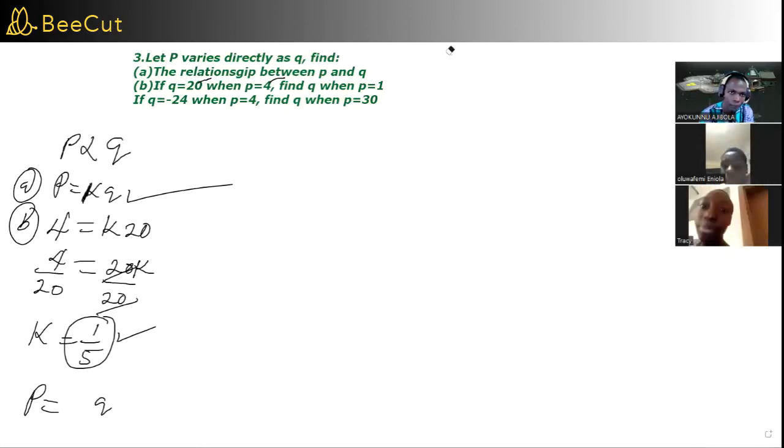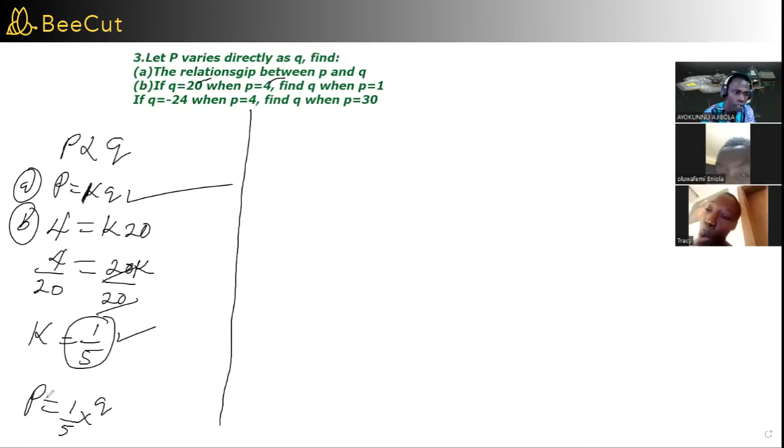Now what I have here is, I want to put P equals not Q but constant times Q. So I have 1 over 5, that means 1 over 5 times Q. Again, I can say this is P. P equals Q times 1 is Q, over 5.